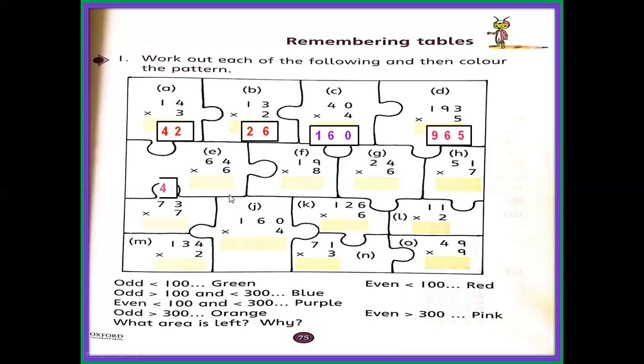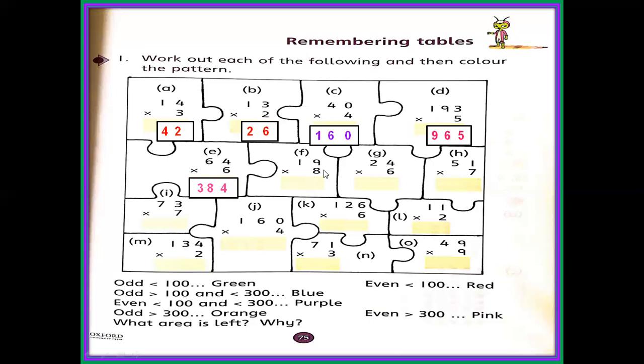So write here 24, write 4 here and 2 will go to add into the next. 6 ones are 6, 6 twos are 12, 6 threes are 18, 6 fours are 24, 6 fives are 30, 6 sixes are 36 plus 4 plus 2, 38. So 384 is the answer. Okay.